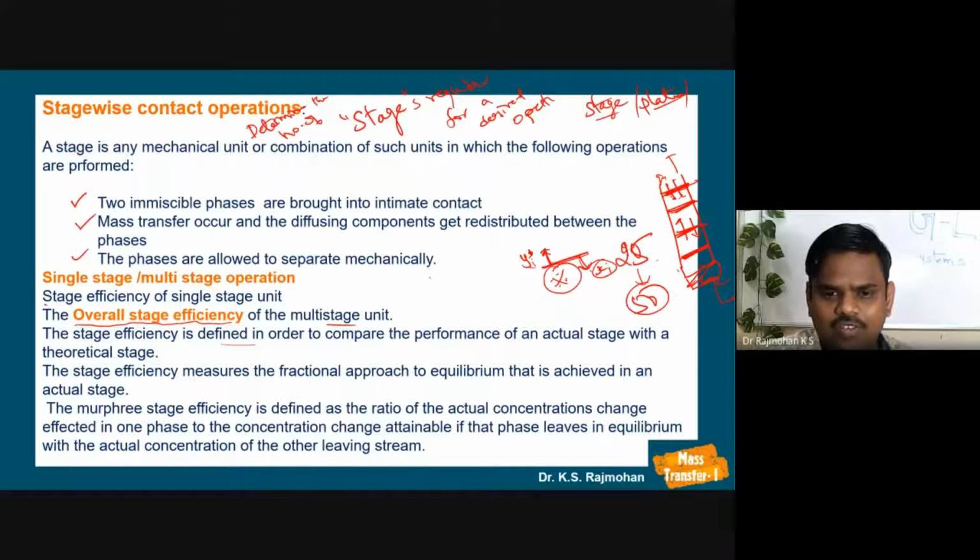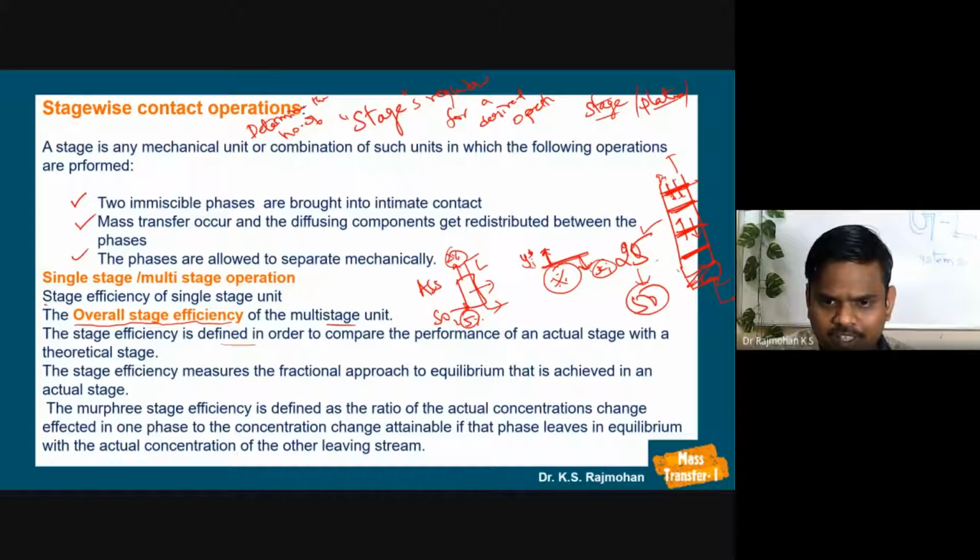Consider absorption. A gas mixture has an SO2 concentration of some 5 percent, and I want to get 2 percent. Then what is the corresponding liquid flow rate which will bring the concentration of SO2 from 5 percent to 2 percent? Theoretically we calculate 25 stages are required.